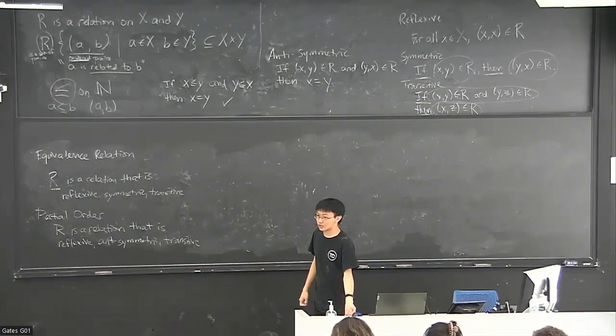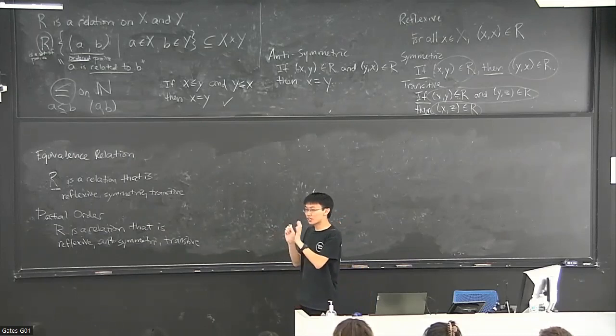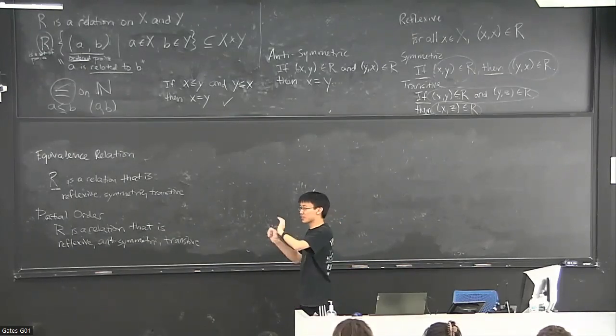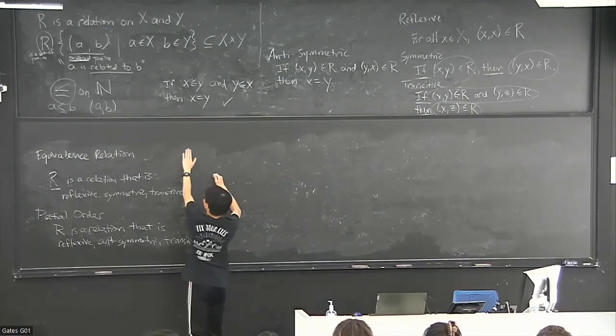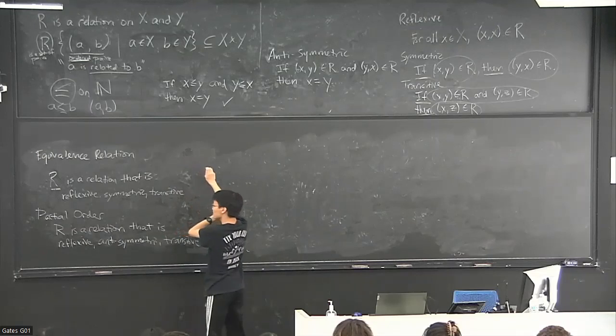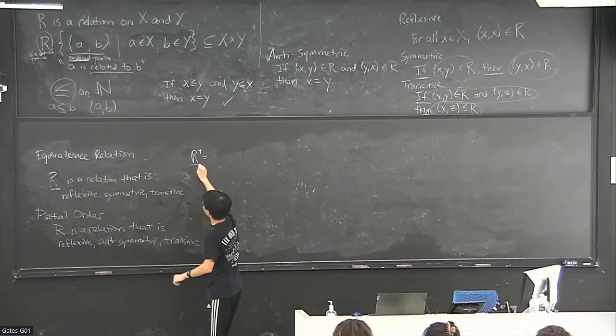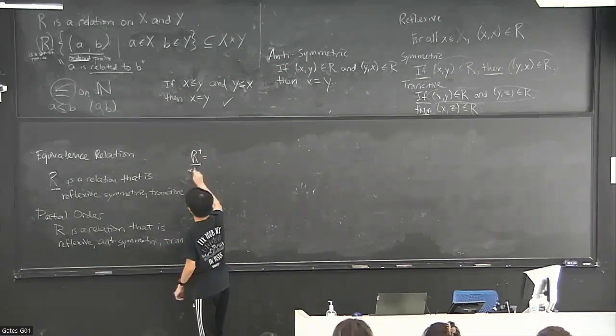So as not to be confusing, this is actually the set R plus in problem 11. But so that things don't get confusing, let me just do R plus. R plus here is a set.